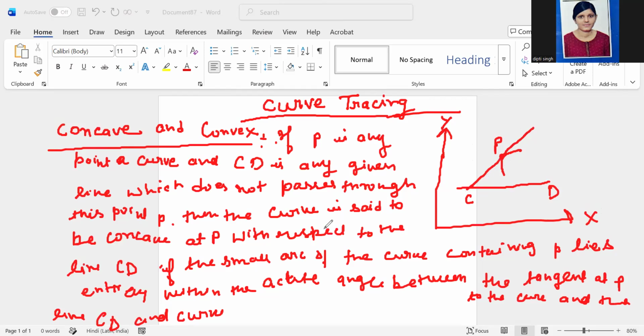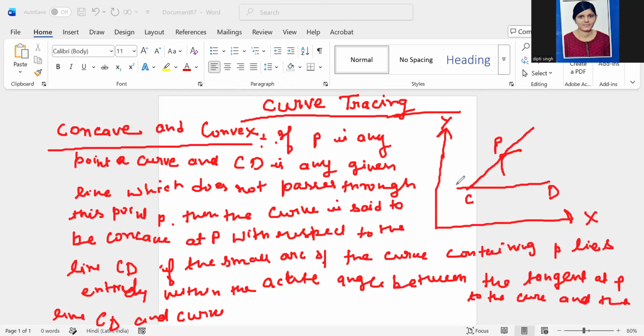Then the curve is said to be concave at P with respect to this line CD if the small arc of the curve containing P lies entirely within the acute angle between the tangent at P and the line.